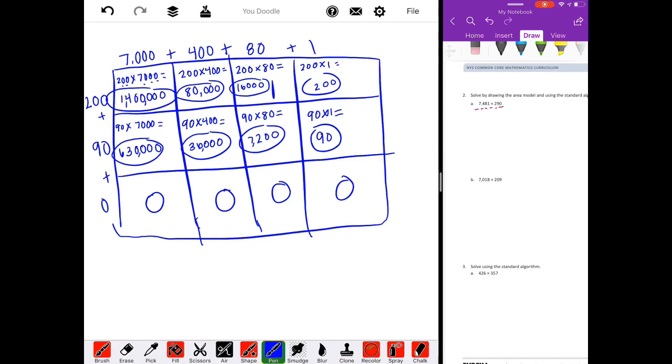So now let's start adding. So we have 1,400,000 plus 80,000 plus 16,000 then plus 200.